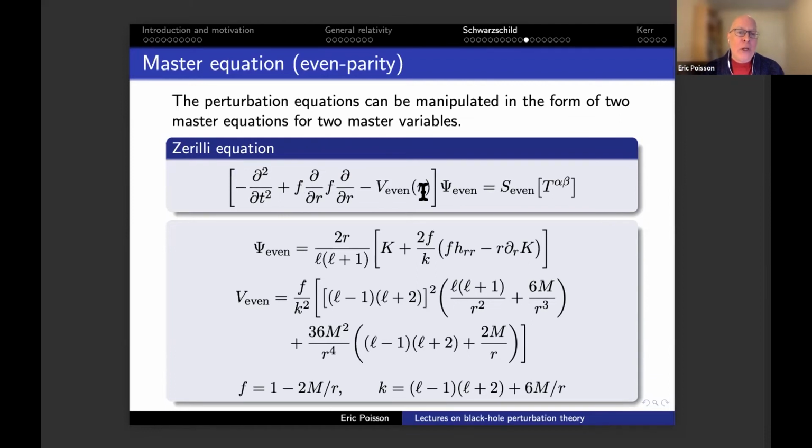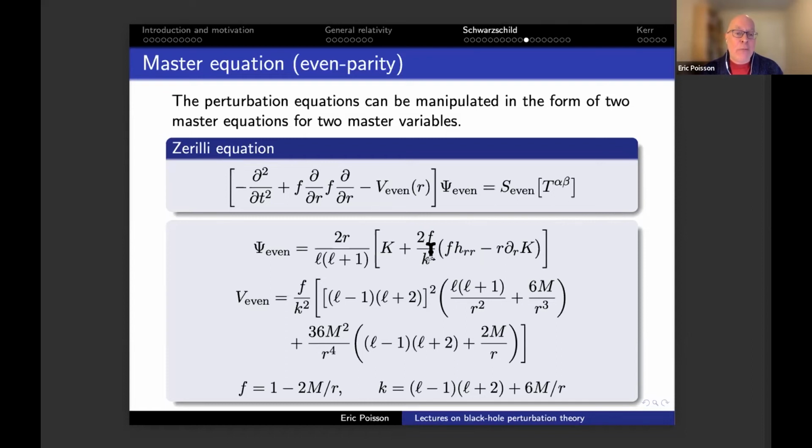In the even parity sector, the master variable that was first obtained by Zerilli is a combination of the K quantity we introduced before and HRR that we introduced before, a construction like this.